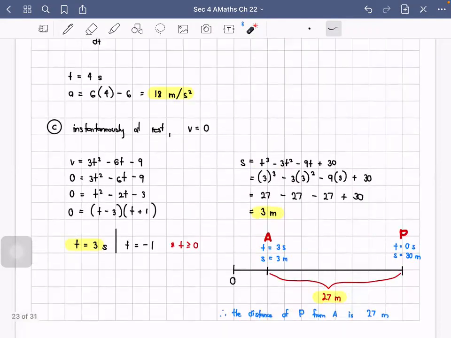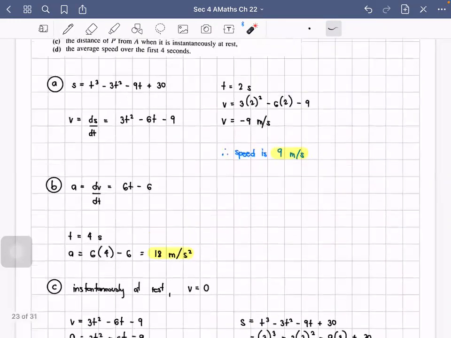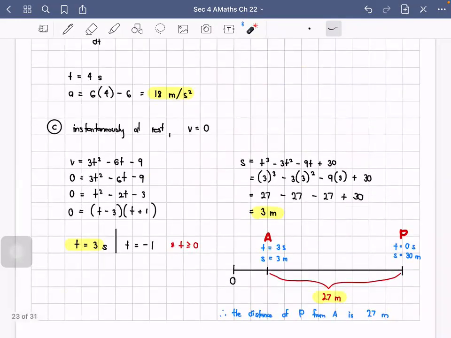So for you guys to see this clearer, I have here this illustration, okay? Right away from the start, class, we're given this displacement. So this is the origin. And now at 0 seconds, we can right away tell that the displacement is at 30 meters, because if t becomes 0, s is equal to 30.